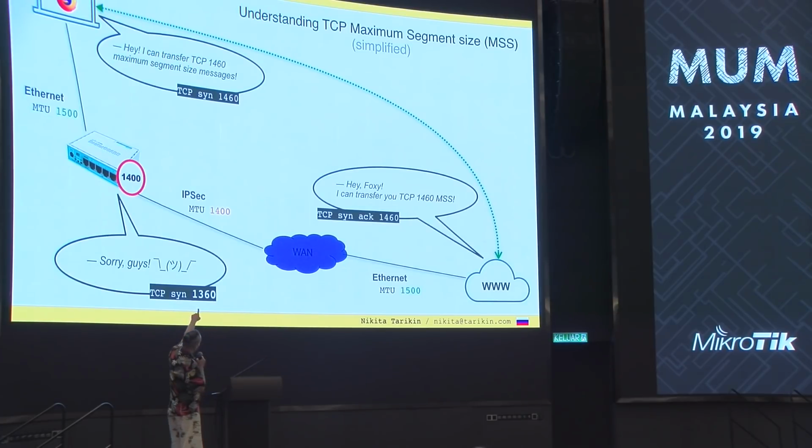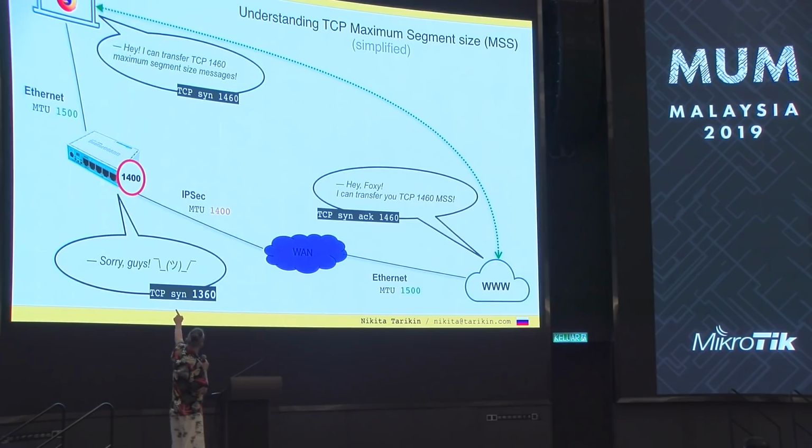It says, I can transfer you 1,460 maximum segment size, and the web server replies, me too, because it takes the MTU from Ethernet. Your browser takes the MTU of the interface that is going to transmit data and calculates the TCP maximum segment size. The server does the same. Both have Ethernet connections with 1,500 MTU, so they can both transfer a maximum TCP segment of 1,460.